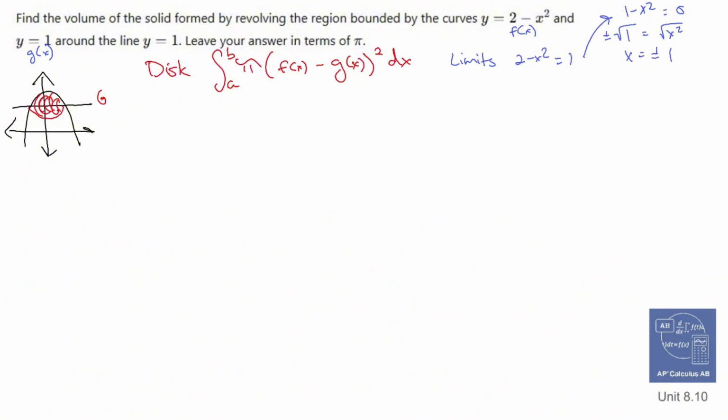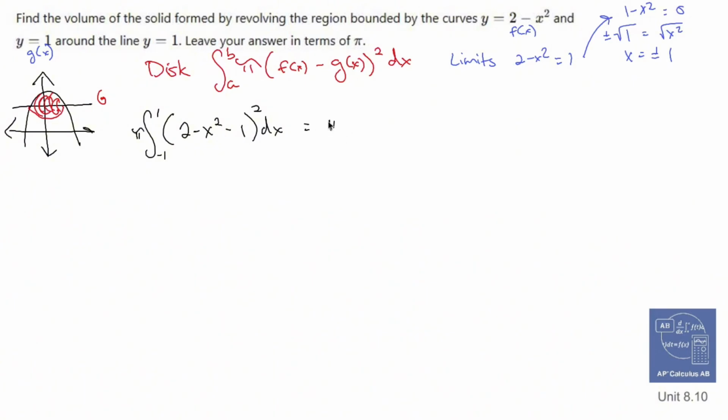Okay, so let's set this god-awful mess up. We have the integral from negative 1 to 1. Let's move the pi out front because I can. That is going to be f of x, 2 minus x squared, minus g of x, 1, dx. Don't forget the squared.